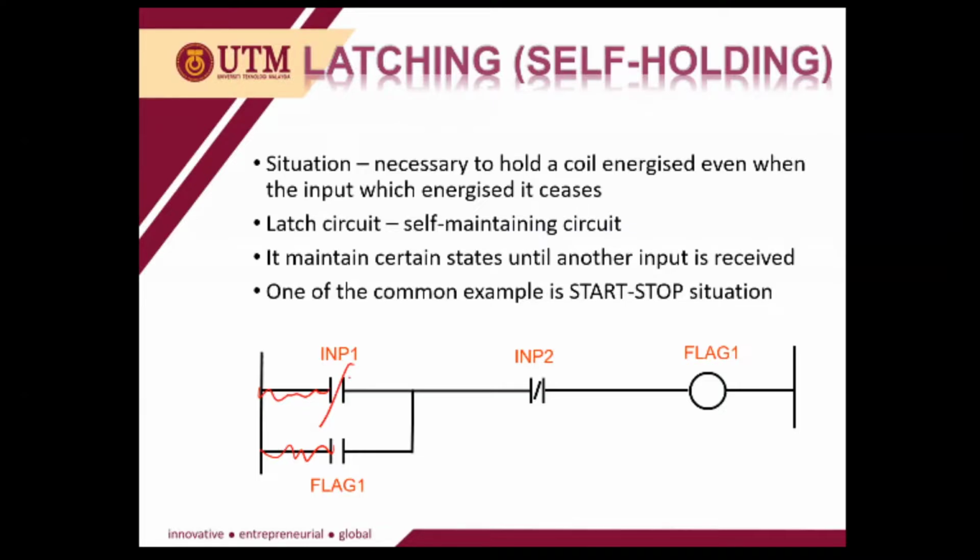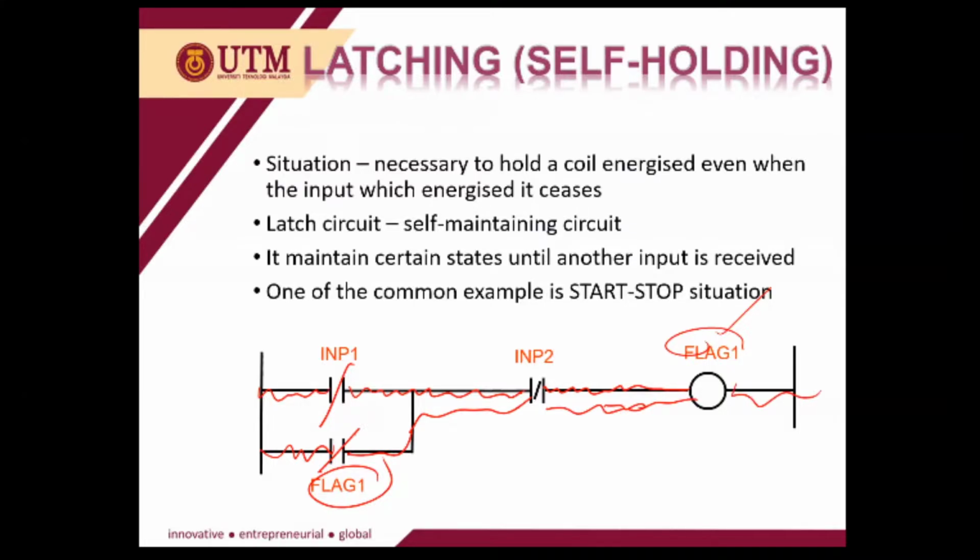The current will flow through there, through input number two and to the output. The output will be triggered and the contact associated with this output will be closed. And the current will flow through here, through input number two and through the output, to the ground.